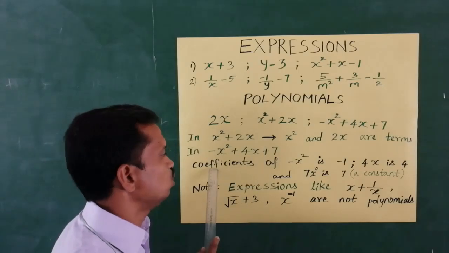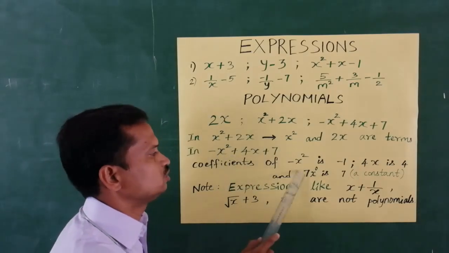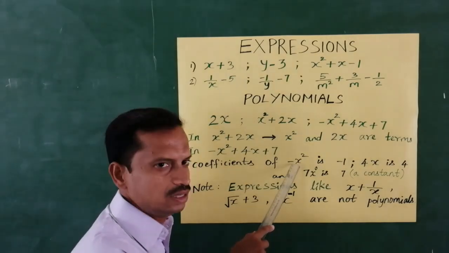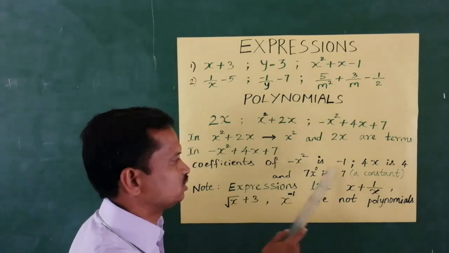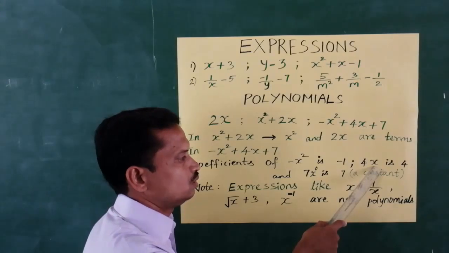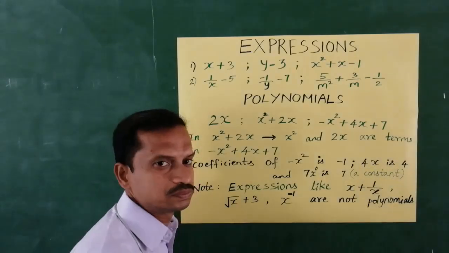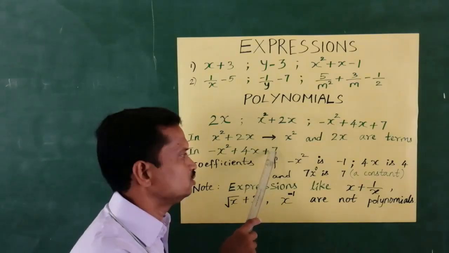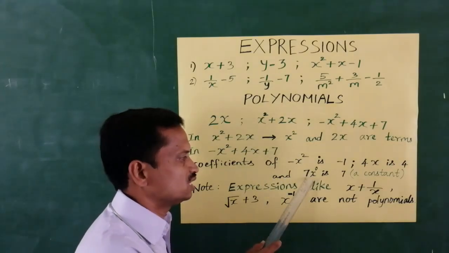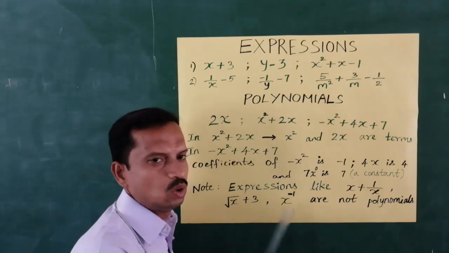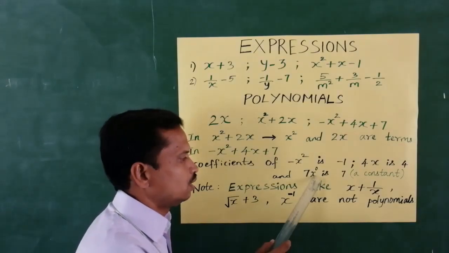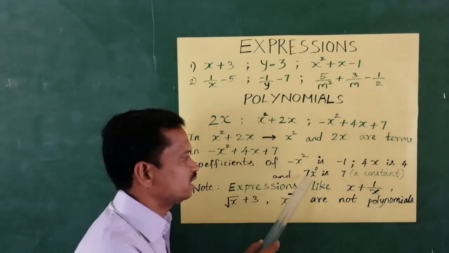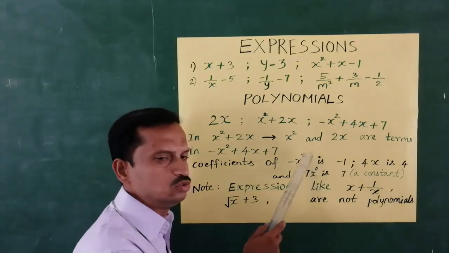In this, the coefficient of the first term, minus x square, is minus 1, the numeral before the variable or the term. 4x is the term whose coefficient is 4. And 7 is a constant, and you can say 7 as 7 x power 0. That means anything power 0 is 1, so you can write 7 as 7 into x power 0.